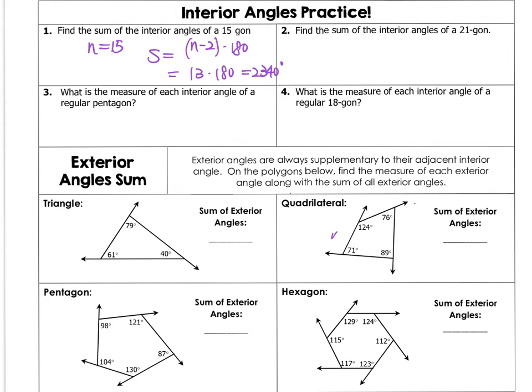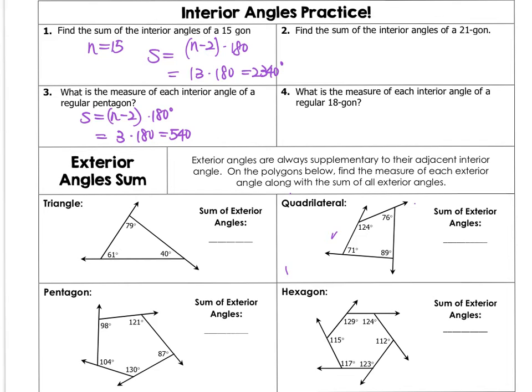What's the measure of each interior angle of a regular pentagon? I first have to find the total sum of the interior angles, and the formula is n minus 2 times 180. That becomes 5 minus 2, which is 3 times 180, and that's 540.